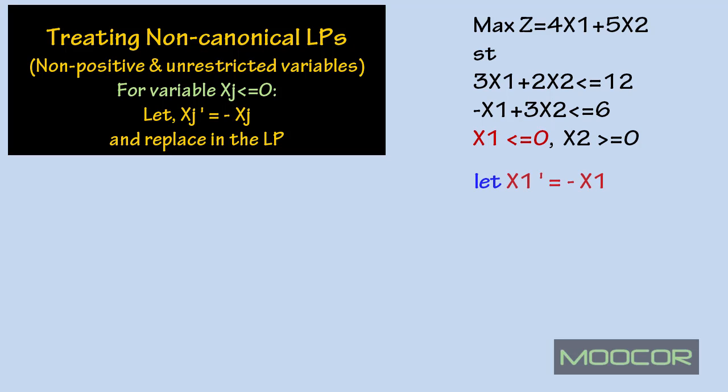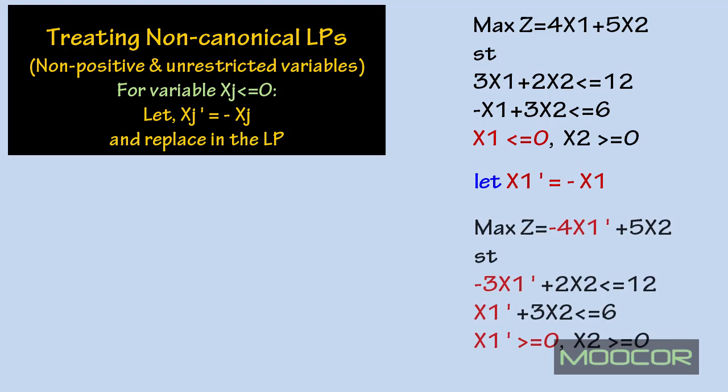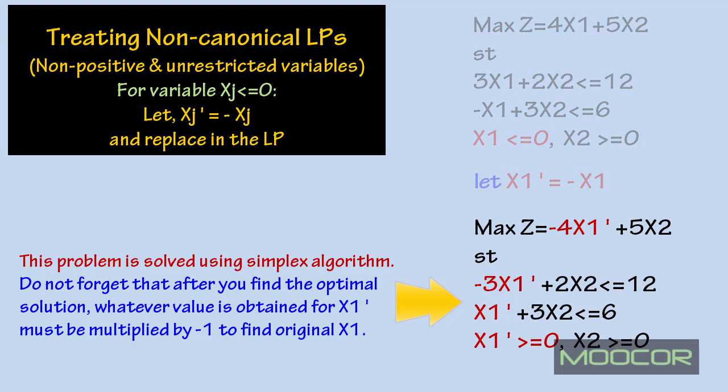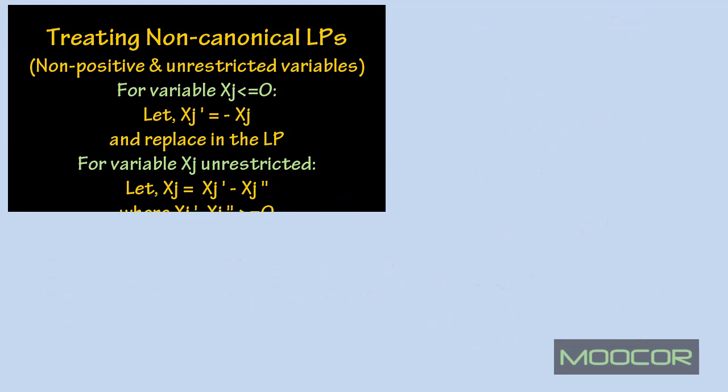In this example at the right, I have changed x1 with minus x1 prime. And by making that change, now I am able to declare x1 prime as greater than or equal to 0 and solve the problem.